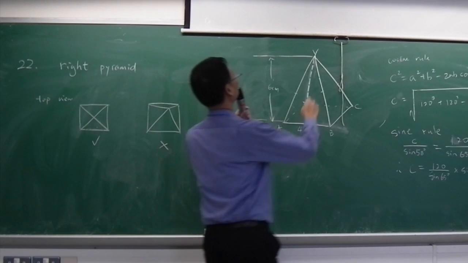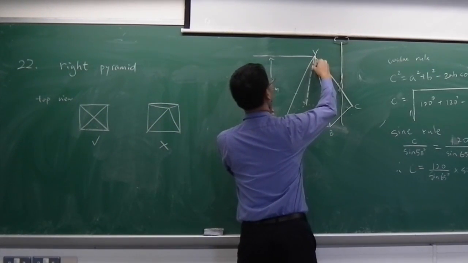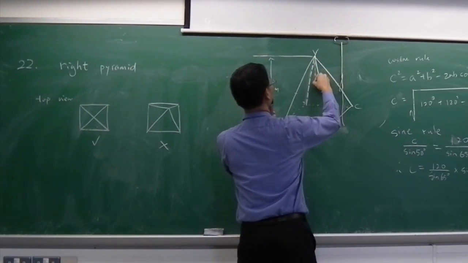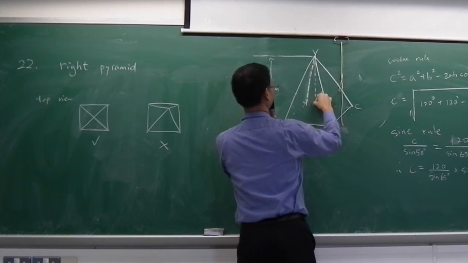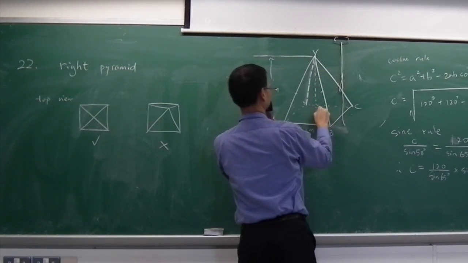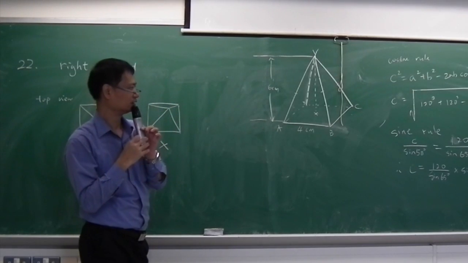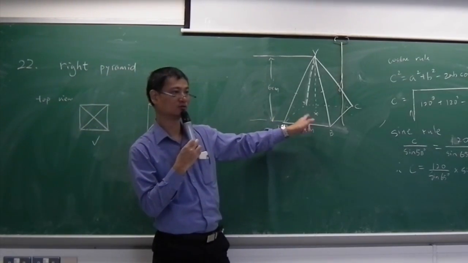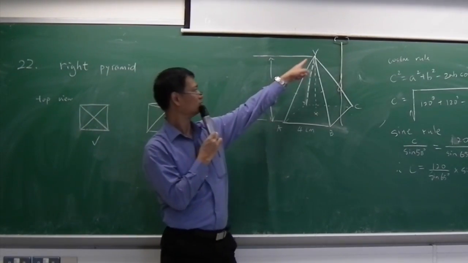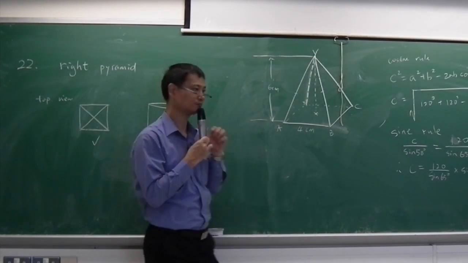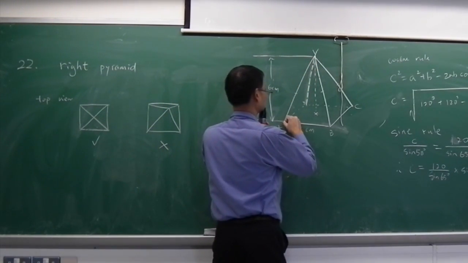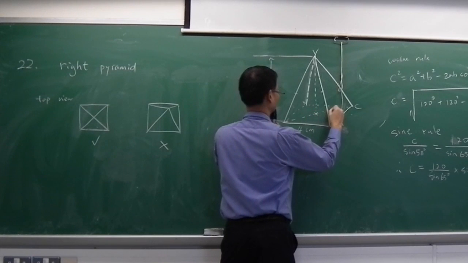Now I draw a vertical line down, and as I have already told you, this should be the middle of the square, directly from the vertex line.